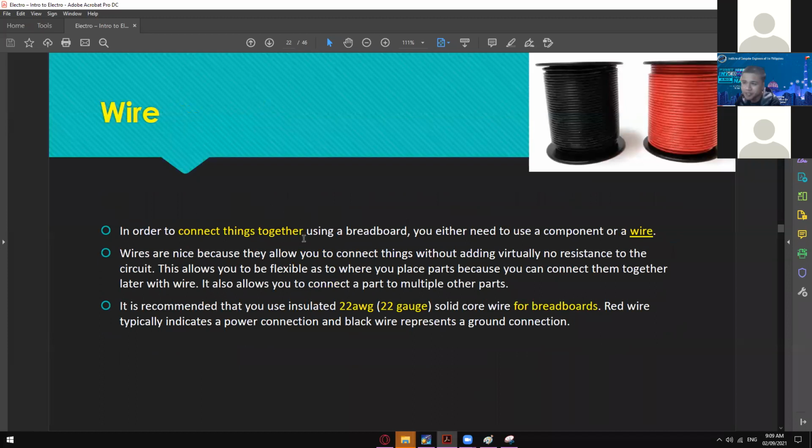And then for the wire, the only thing that you need to worry about is the gauge. When buying a wire, especially for prototyping, you have to use 22 gauge. This is the most recommendable size when it comes to breadboards.